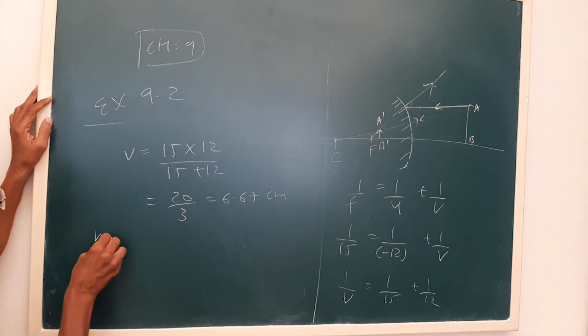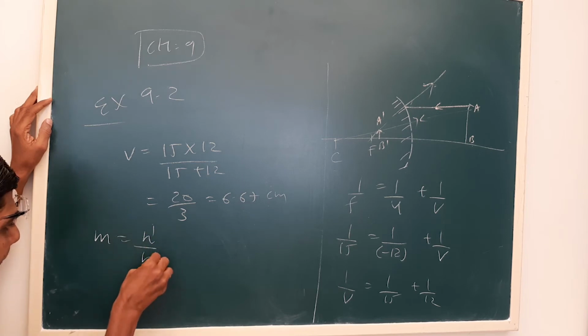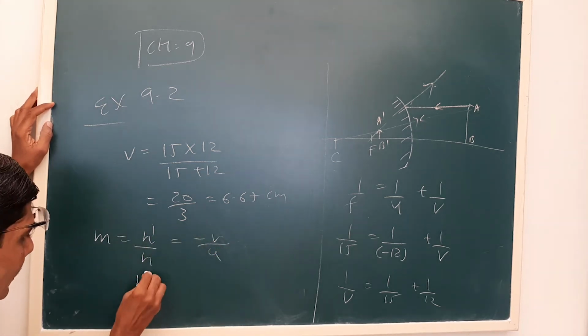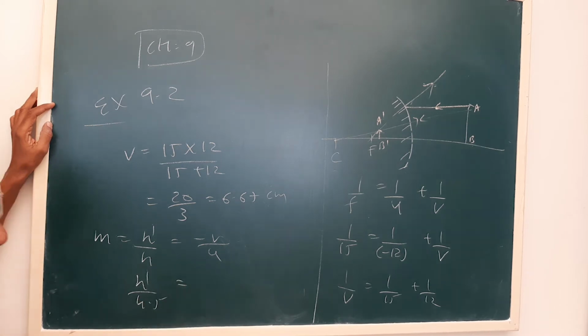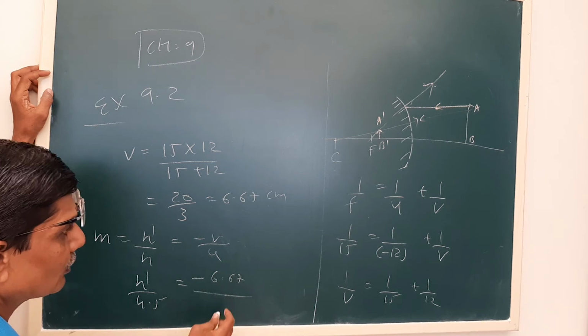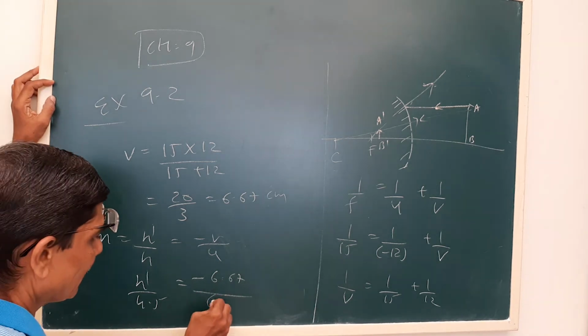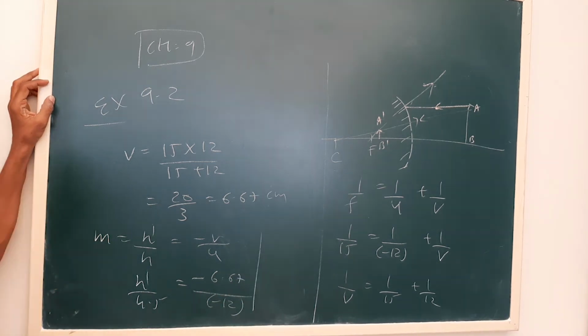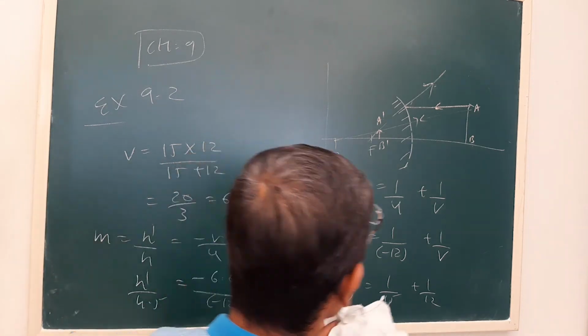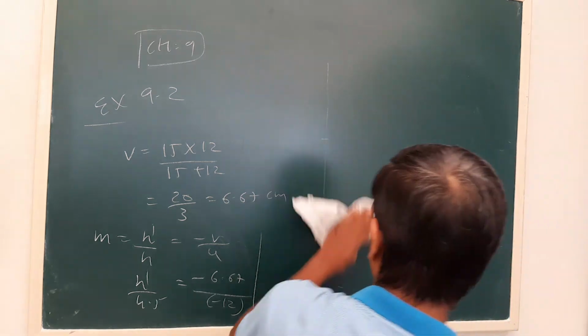Now see, the magnification is h dash by h is minus v by u. Height of the object is 4.5. See, v we have obtained is 6.67 and the object distance was minus 12. So we can calculate the height of the image from this.